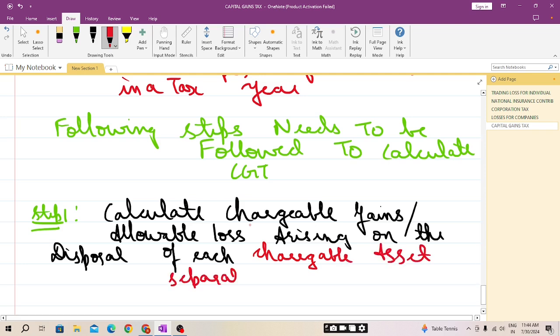So first we need to calculate the chargeable gains for each asset separately.